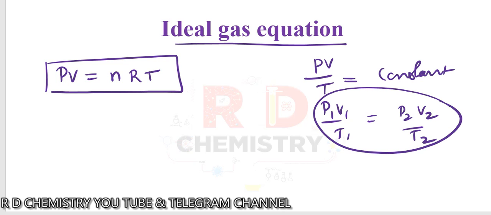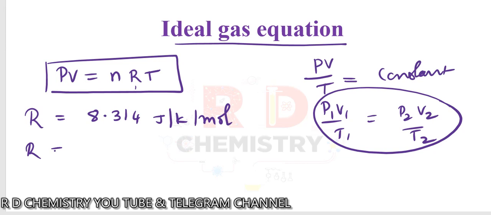Now what does R stand for? R stands for the ideal gas constant, where R is equal to 8.314 in terms of joule per Kelvin per mole. R value is also equal to 1.987 exactly, or I can approximate it to 2, in terms of calories per mole per Kelvin.